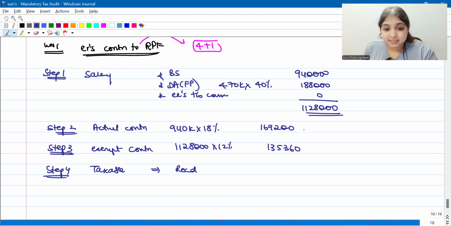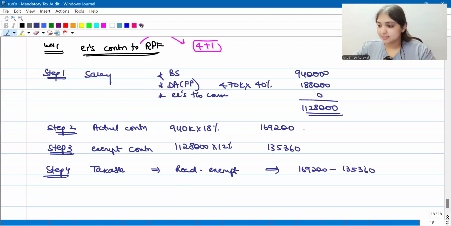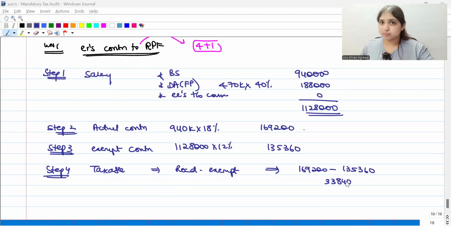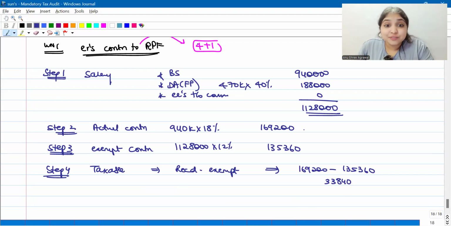Taxable will be received minus exempt. So you received 169,200, out of which 135,360 is exempt. So what is your taxable contribution? 33,840. This is your taxable contribution. Okay, so these are your first 4 steps, but plus 1 I am saying.